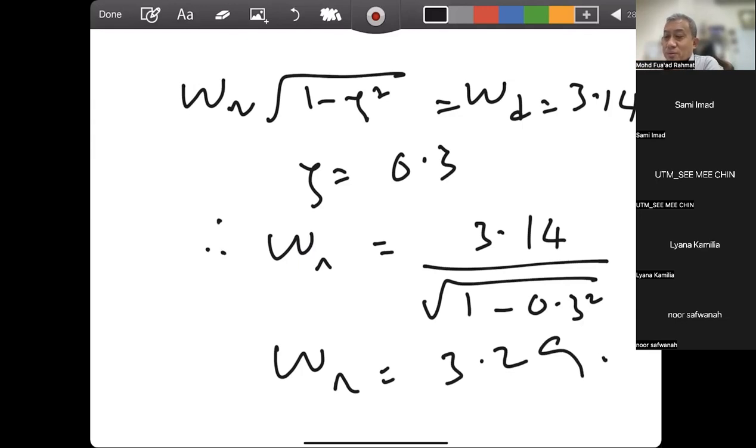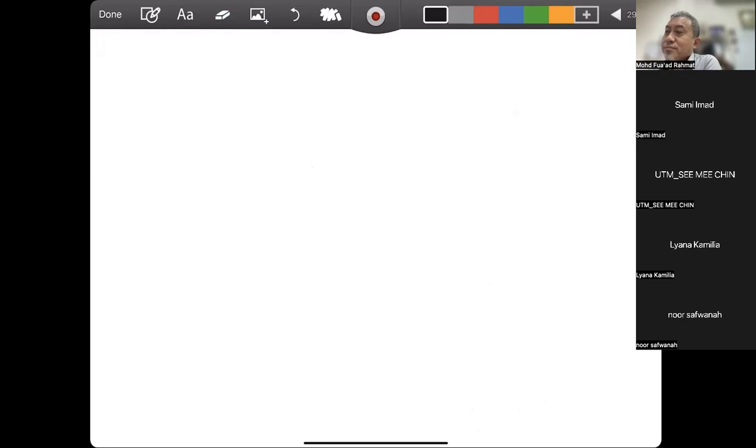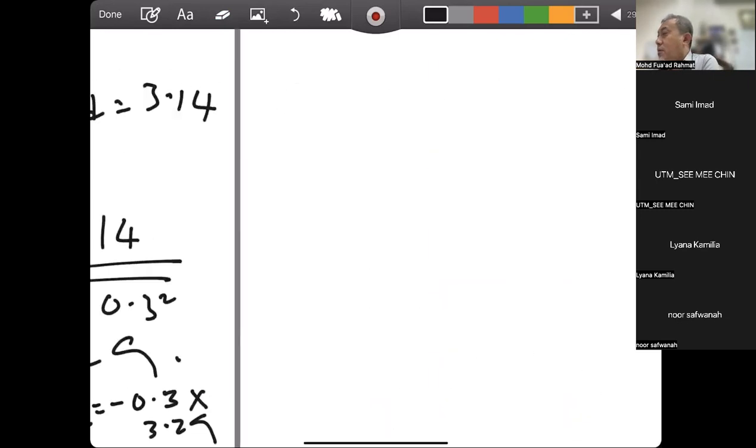So the new real part will be minus zeta omega n, which is minus 0.3 times 3.29, which is negative 0.987.